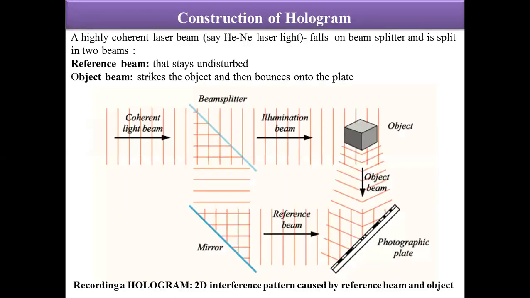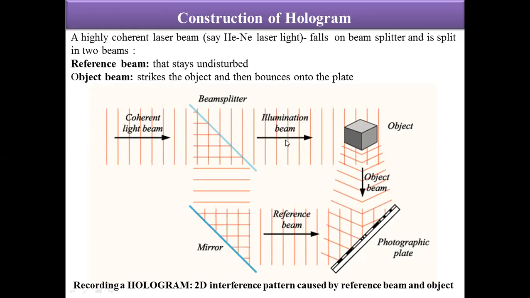Now, let us see how the hologram can be constructed. A highly coherent laser beam, say helium neon laser light, falls on a beam splitter and is split in two ways. This is the coherent laser beam, which is the incoming wave, and here we have put a beam splitter. When this beam strikes the beam splitter, it splits in two parts.